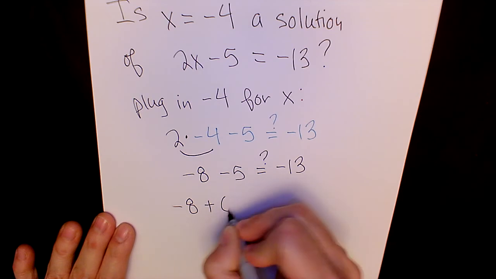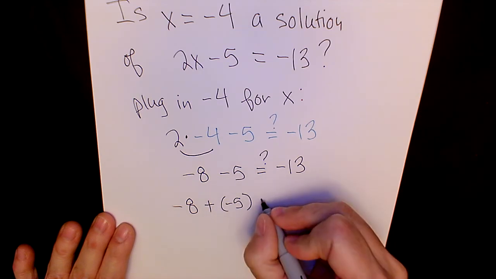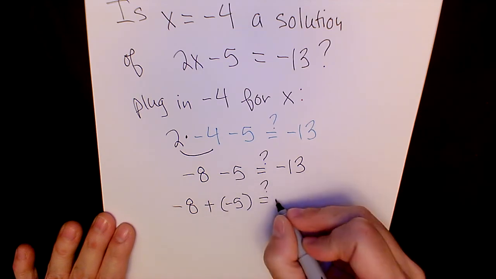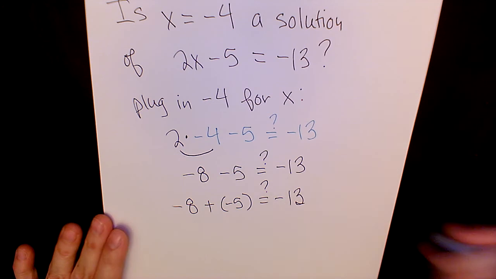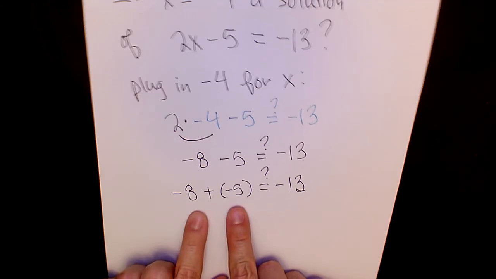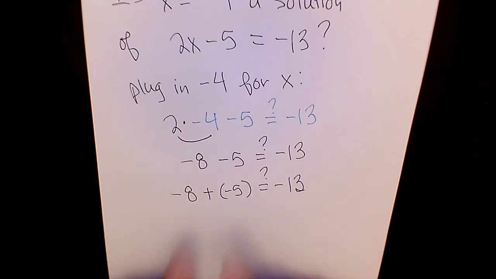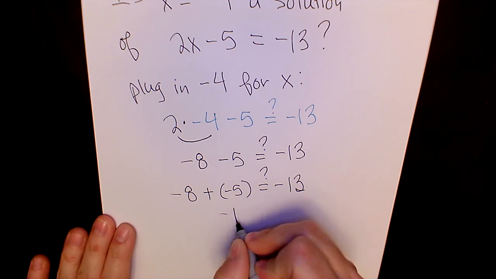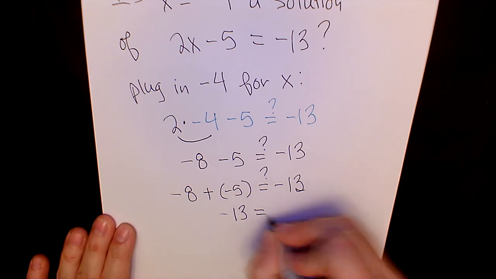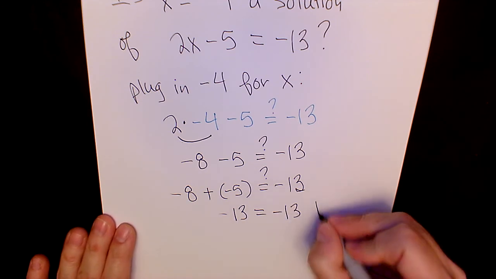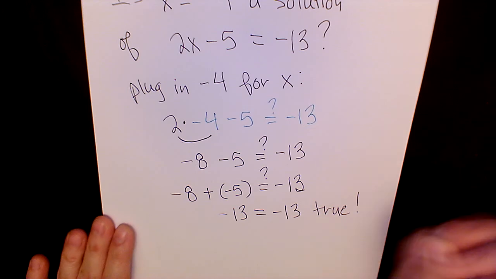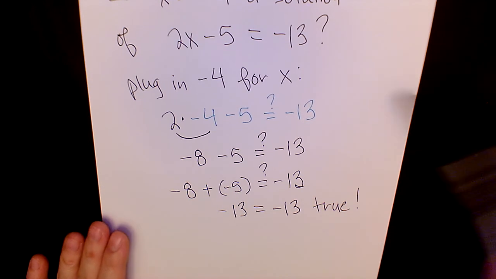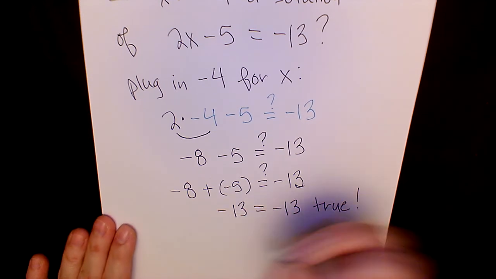So I'm going to put the plus in here if you need it. If you don't, that's fine. So I'm going to add together 8 negatives and 5 negatives. Well, that is 13 negatives. So -13 does equal -13.